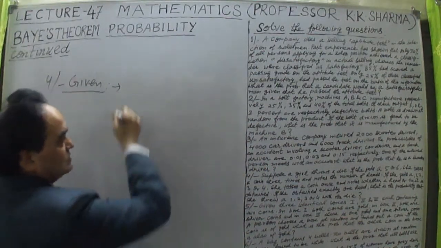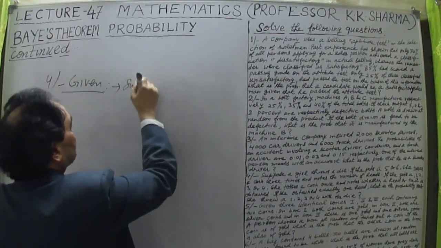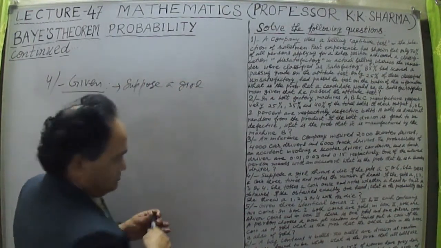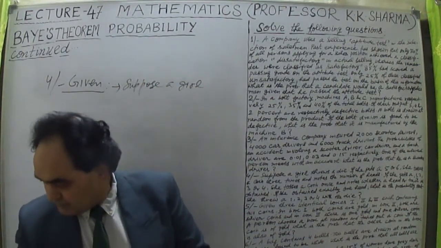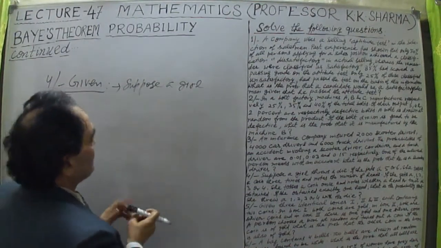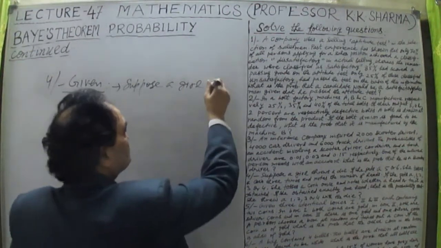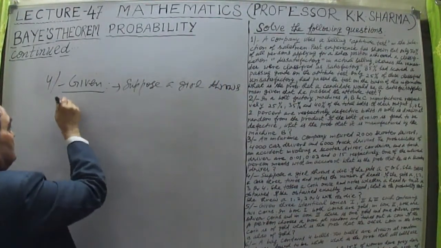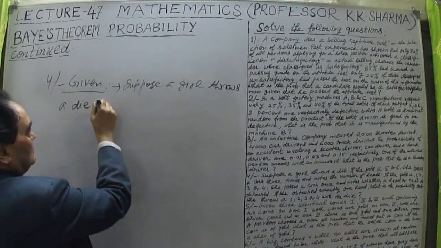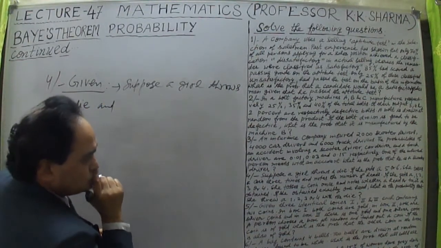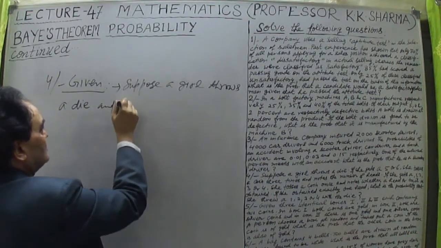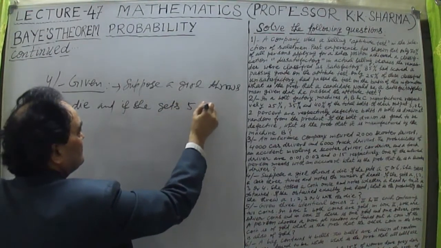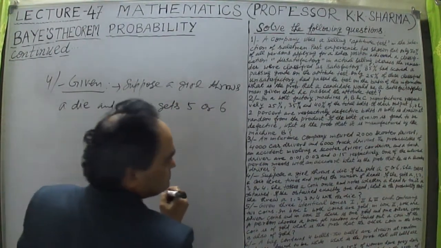Now let us take the point here. It says, suppose a girl throws a die, and if she gets 5 or 6, what is the point?